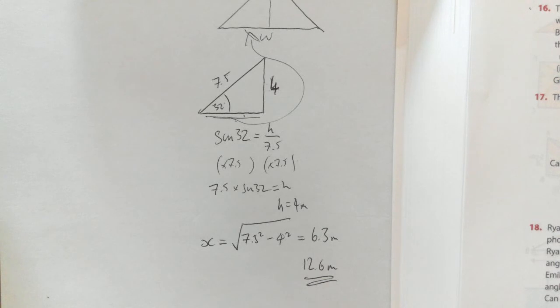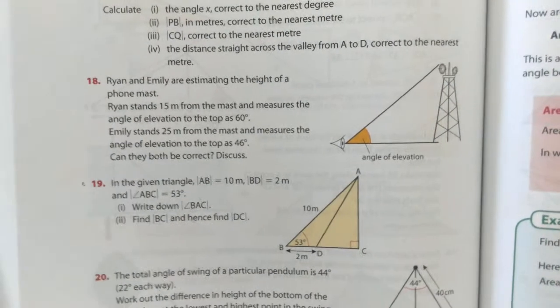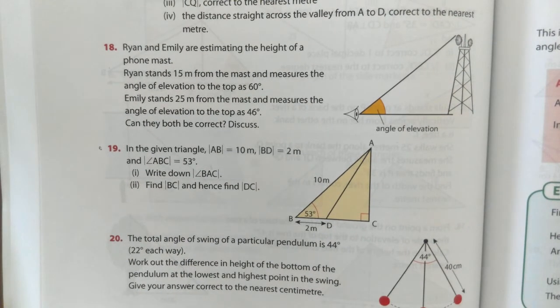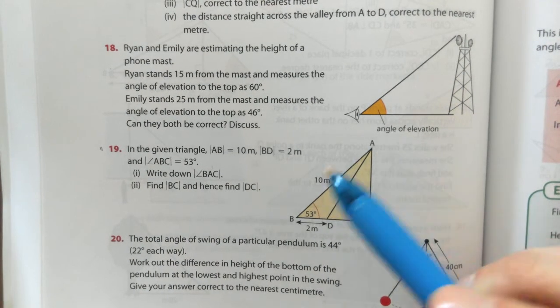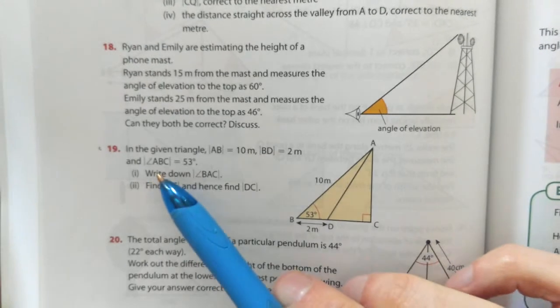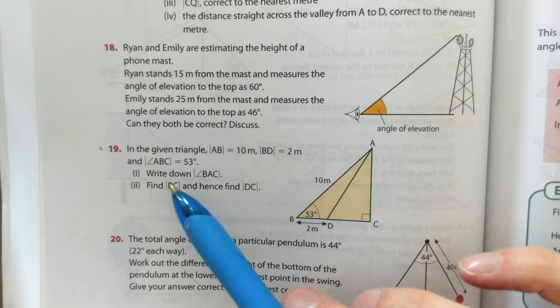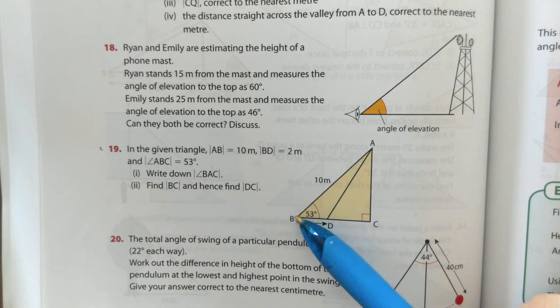Okay, I'll do one more, question 19. So this is the one here. In the triangle, AB is 10, that's given to us, BD is 2, and angle ABC is 53. Write down the angle BAC.